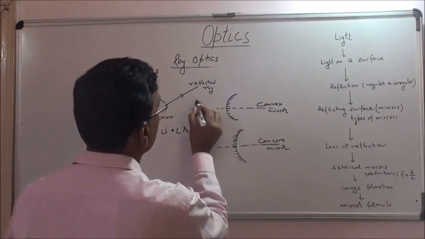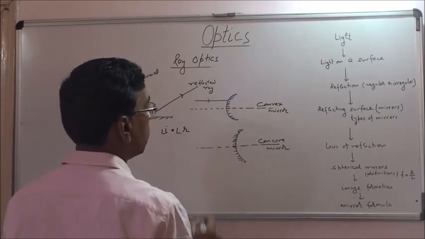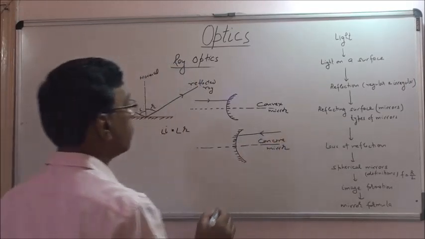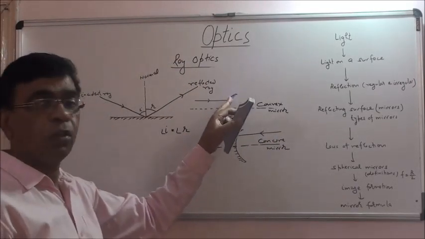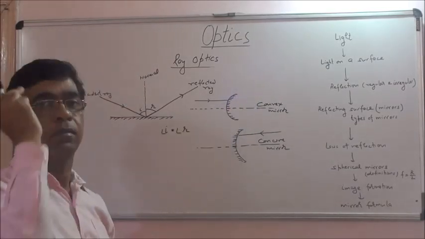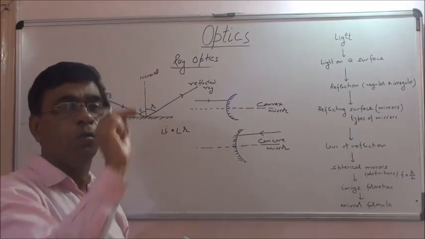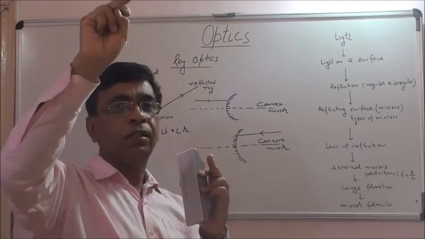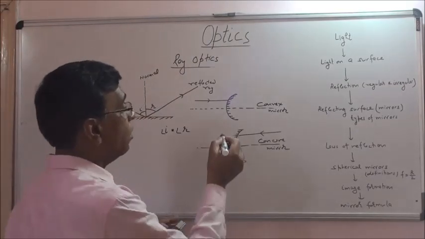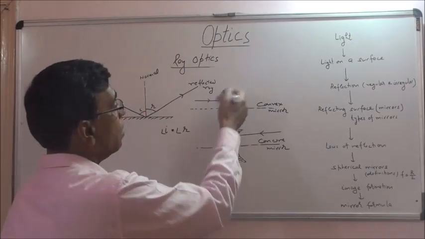If I take a ray like this, and here a light ray like this, how will we draw a normal on a curved surface? On any sphere, if I have to draw a normal at any point, draw a tangent and then take a perpendicular to it. It will be the radius. Okay, the radius is perpendicular to tangents drawn at any point on the surface.